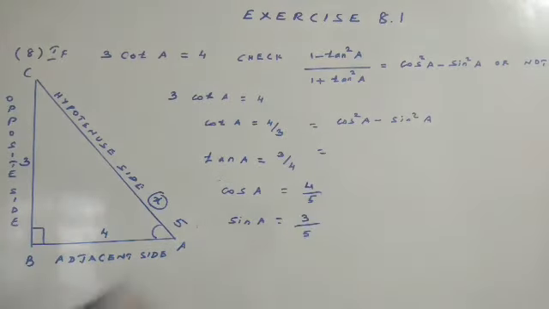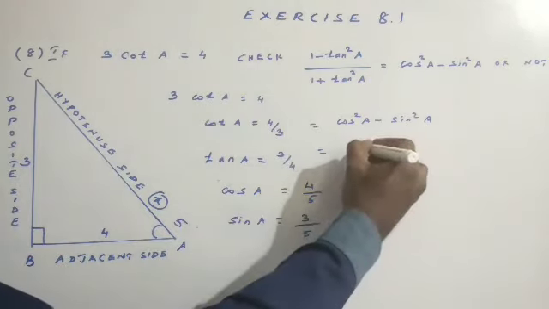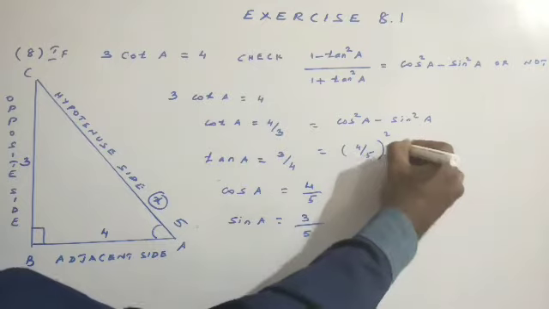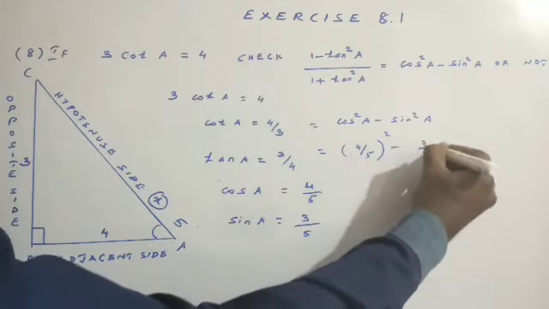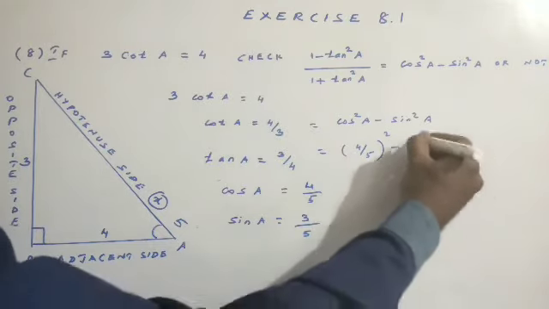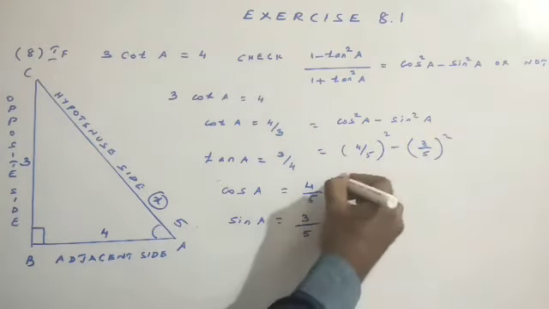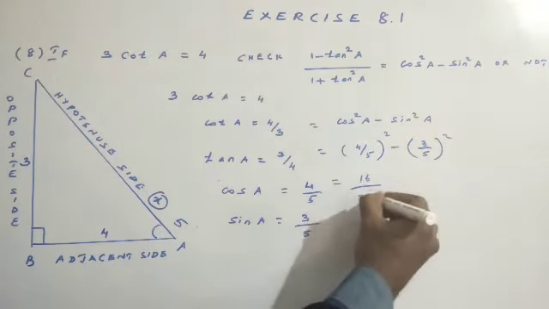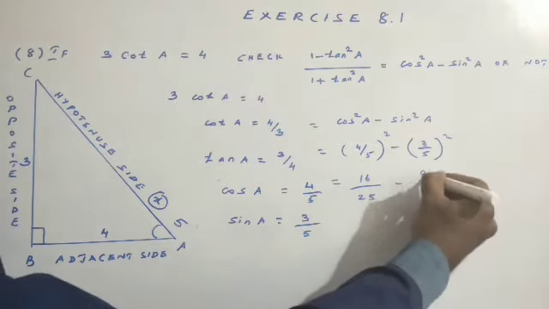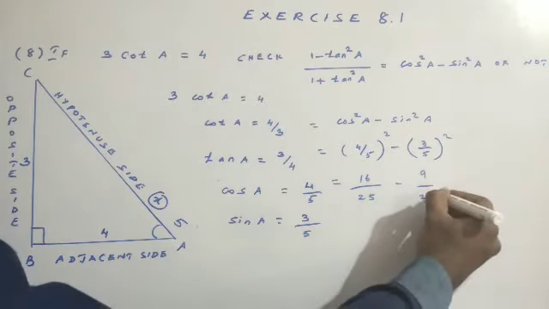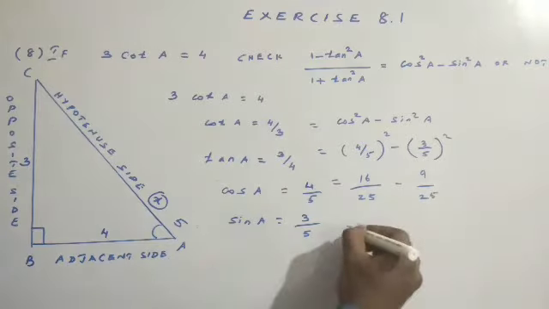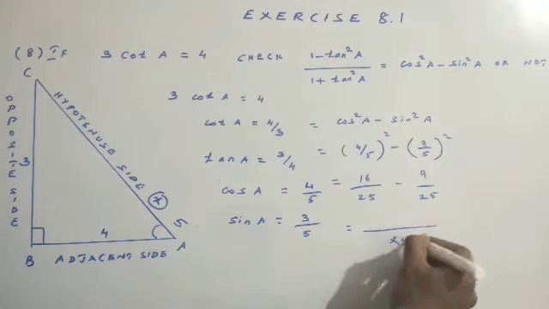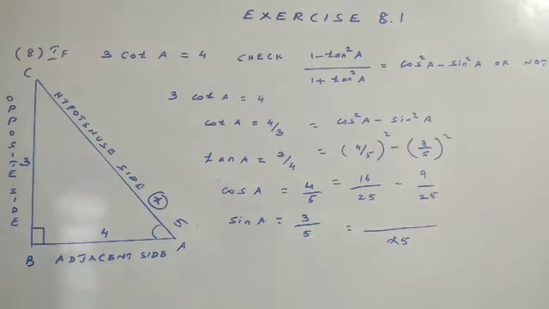Cos square A, that is (4 by 5) the whole square, minus sin square A, (3 by 5) the whole square, is 16 by 25 minus 9 by 25. Here the denominator is common, so put 25 in the denominator.